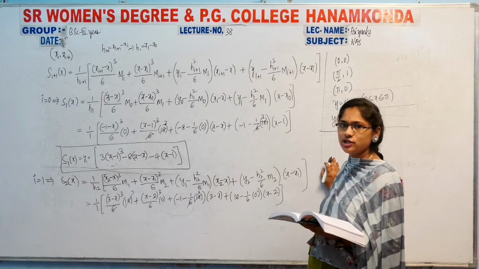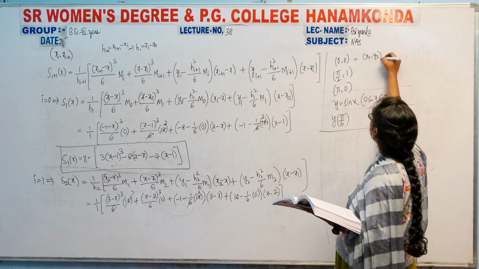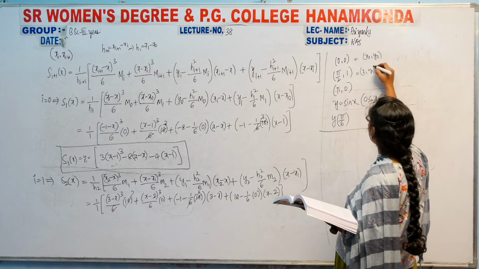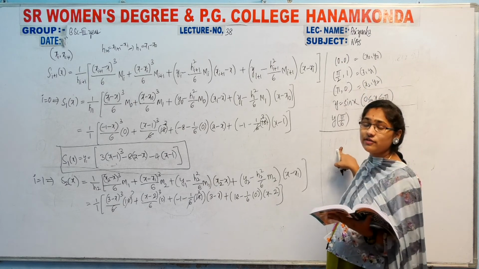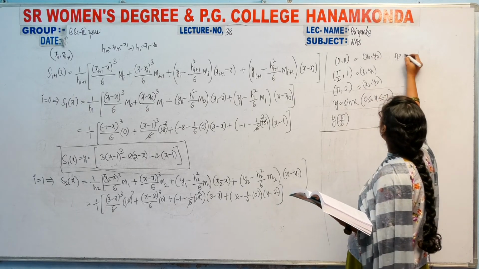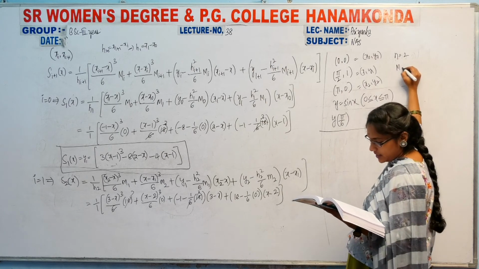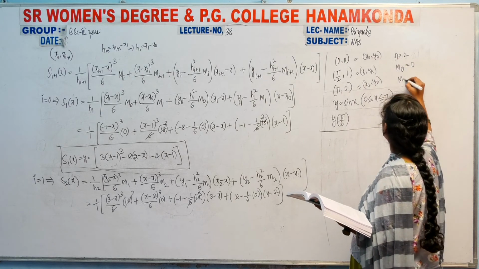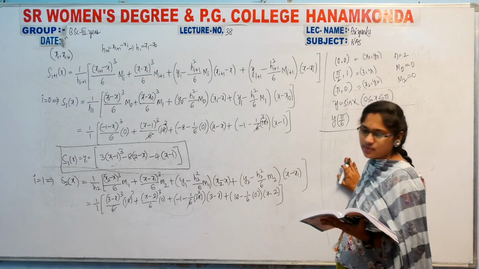Now I am giving the hints to you. Here how many points I gave? x0, y0, x1, y1. Same as the previous application. They mentioned y of 2.5. Now here what is the value of n? 2. So here simply we can take M0 equal to 0 and M2 equal to 0 according to the natural spline. Same as previous.